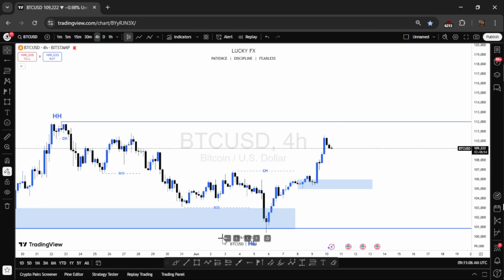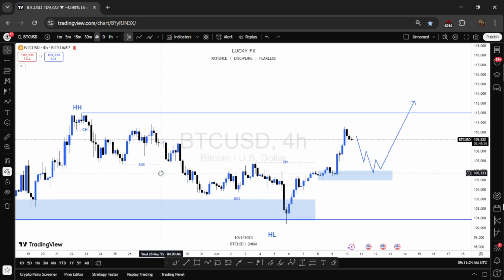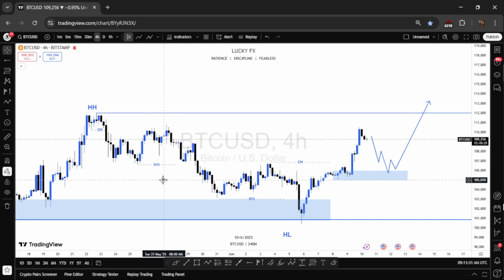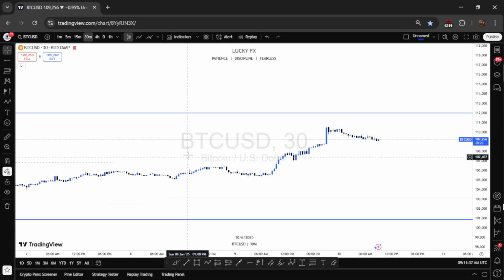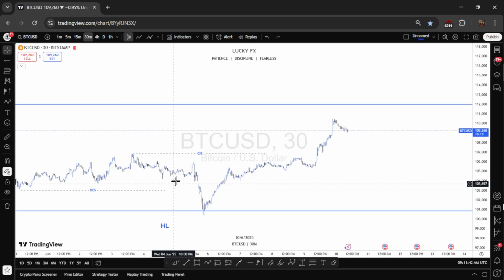So this is what price can do, create something like this and then break this high, right? Without wasting much of your time, this is what I'm personally expecting from price.